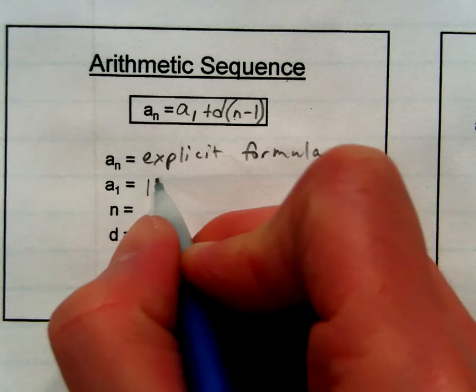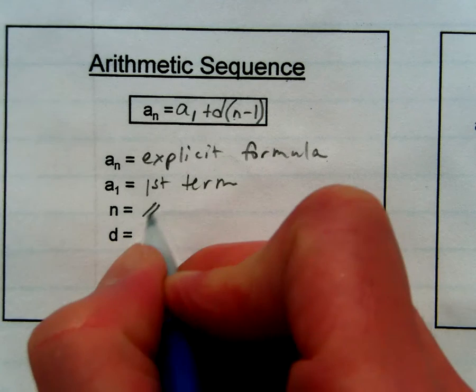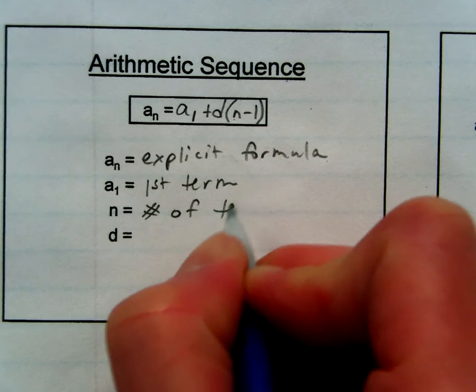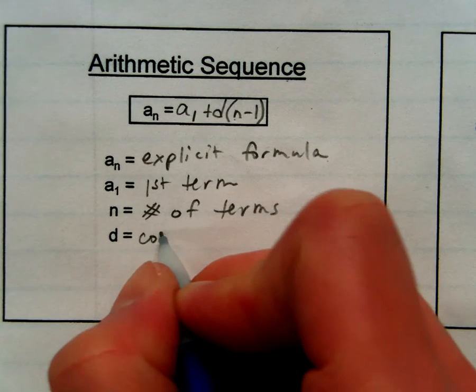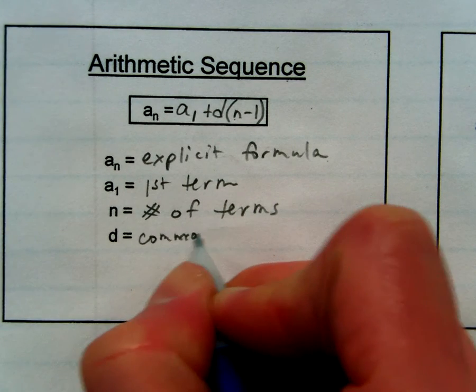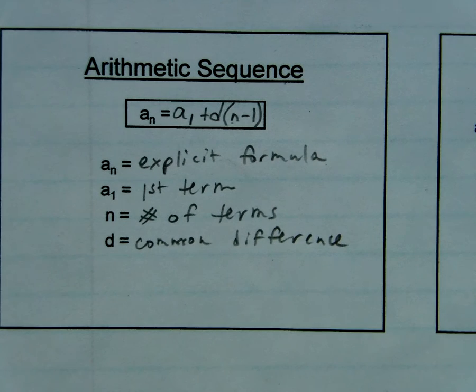A_1 is the first term, n is the number of the term that you're looking for, and D is just that common difference. So it's just defining everything that is in the formula.